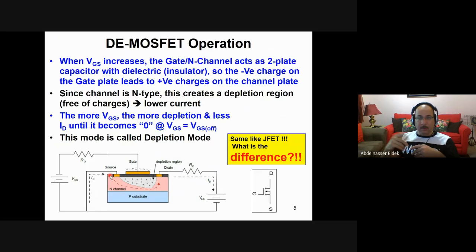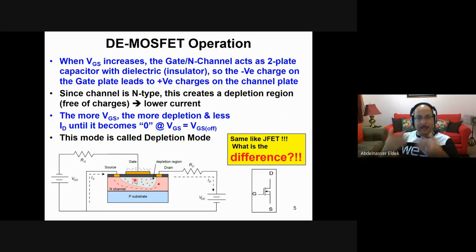Okay, so what if we do it here? What will happen? Imagine that this is positive and this one is negative. Now this is not working like a forward and reverse bias. So if we have a positive here, then we will have negative here. Negative, and the n type is also already negative.